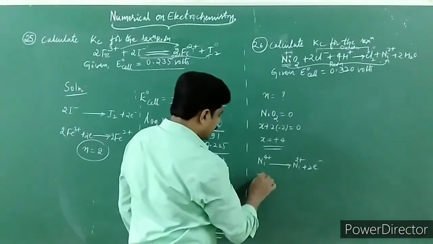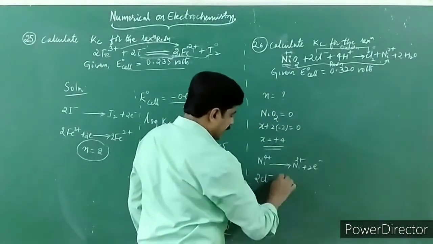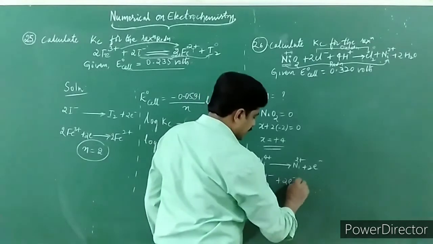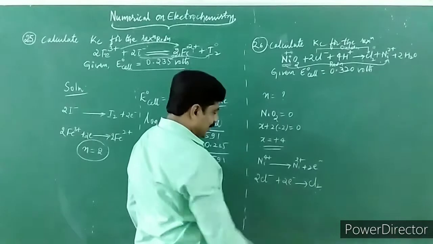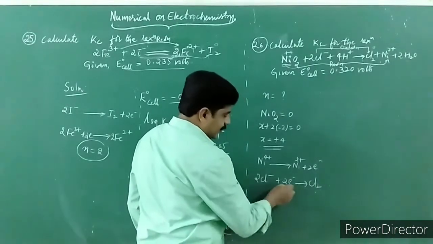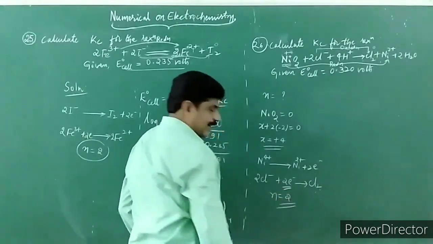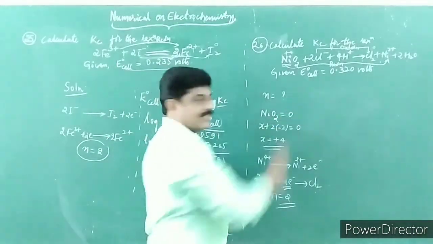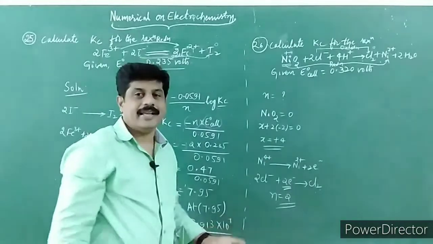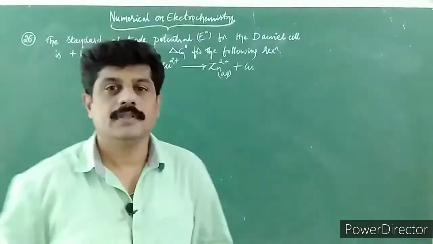Now those 2 electrons are taken by whom? Taken by Cl minus to form Cl2. Is it not? Now N is equal to how much? N is equal to 2 moles of electrons. Now once you know the N, you know the value of E naught cell, you substitute the value, and at the end you have to find out the Kc value.